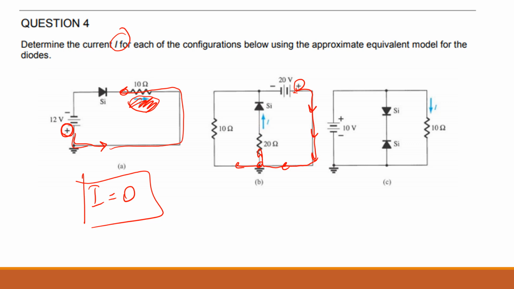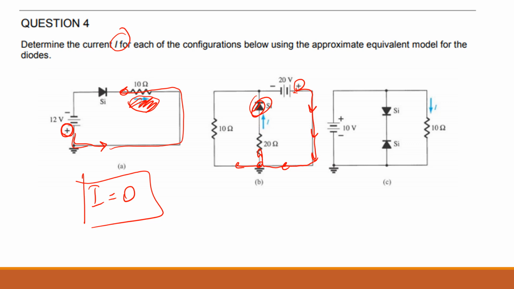Okay, so how can we find the current? You can do current division, but for current division, there should be two resistors in parallel to each other. Are these resistors parallel? They will be parallel if you don't have something here, isn't it? To become two parallel resistors, there should not be anything else between them.